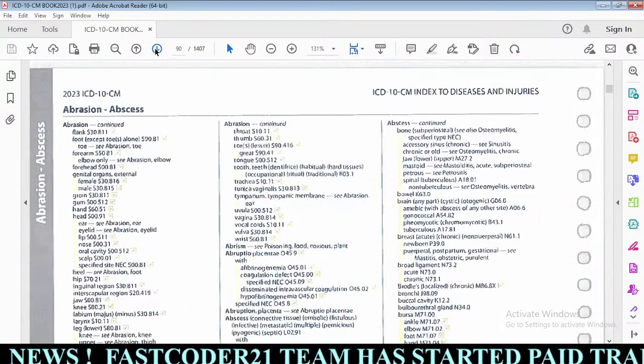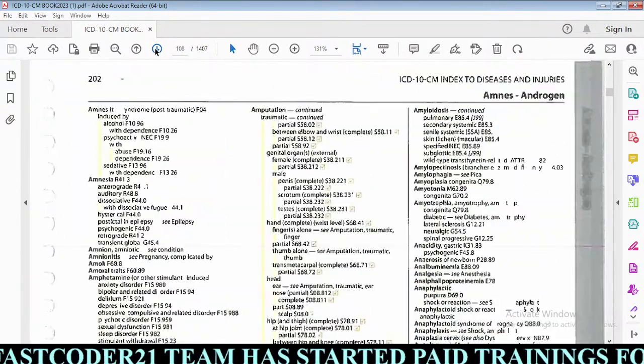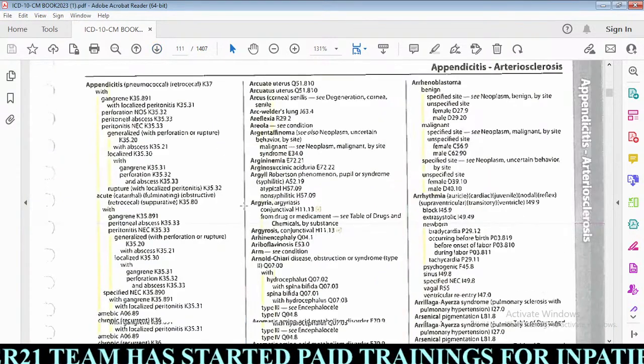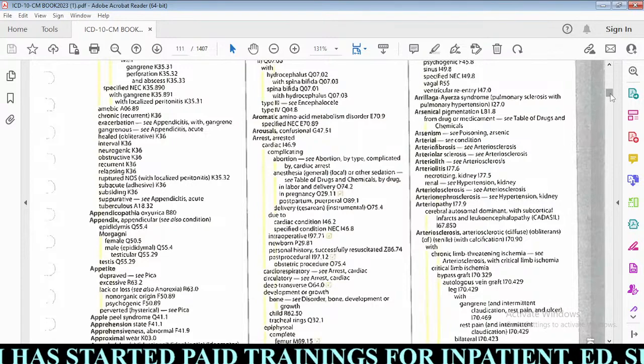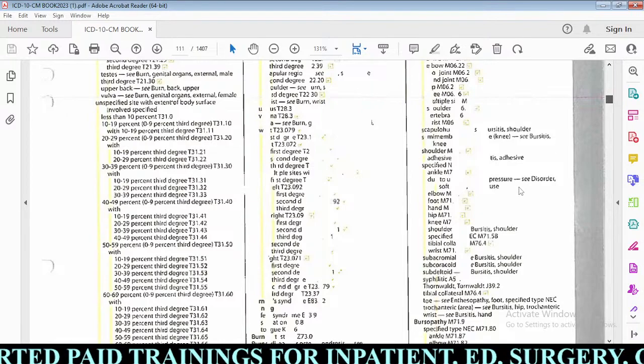While searching for the code, mostly you don't need to worry; mostly we need to use the tabular list. I think it is better to go to the tabular list, because most of the instructions are provided in the tabular list only.